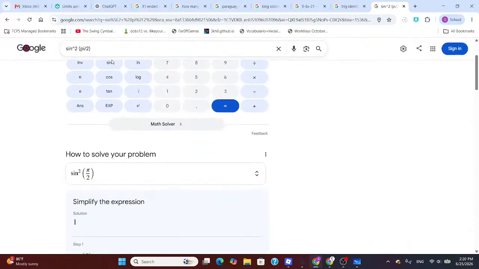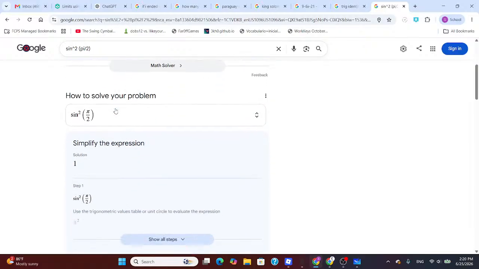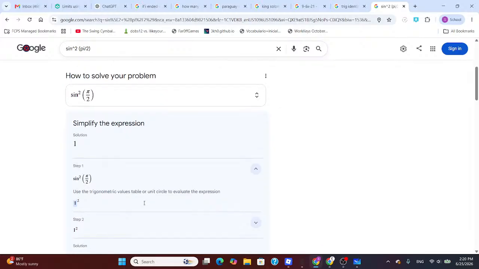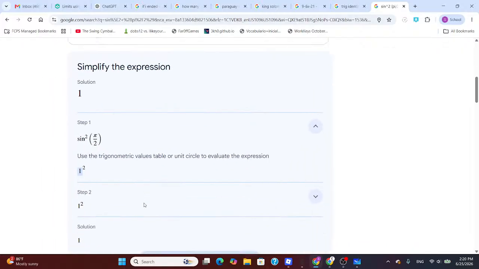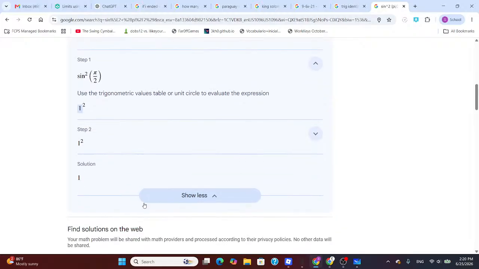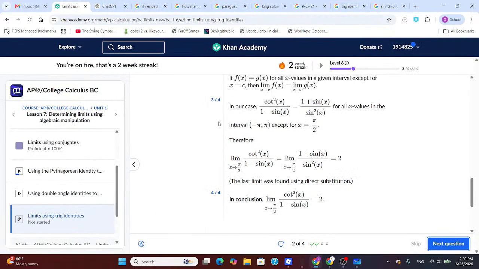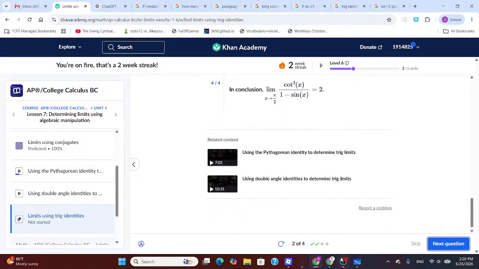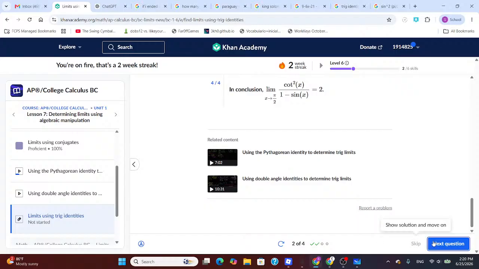How? It makes zero sense. I'm assuming sine pi over 2 is 1, and if you square it, it's also 1. So you get 2 over 1. And that's just the way it is.